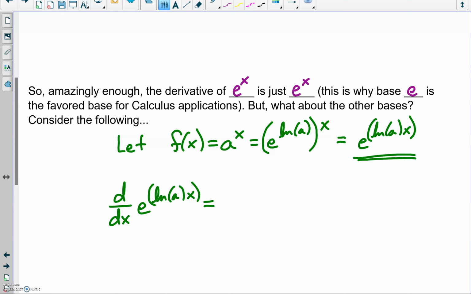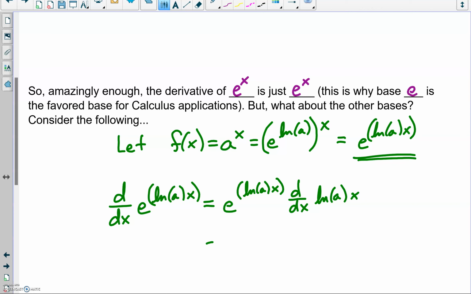So to do the derivative using the chain rule, it's the derivative of the outer, which is the e raised to that power, and the inner is just left alone at first. So you do the derivative of the outer, and remember, the derivative of e is itself. So we just basically recopy that. And then we have to multiply that by the derivative of the inner function, which is the natural log of a times x.